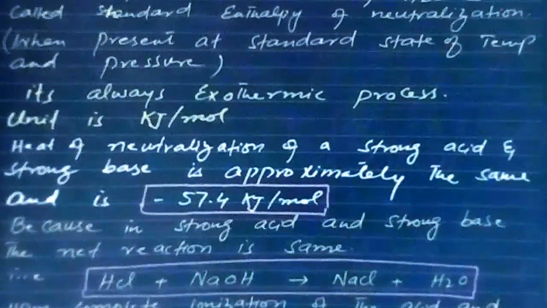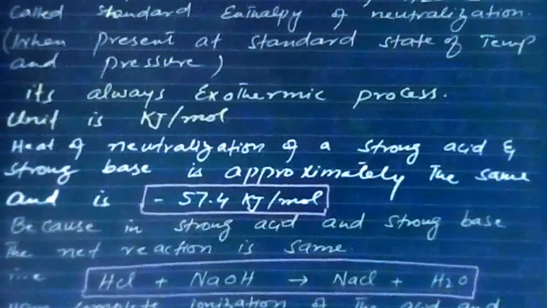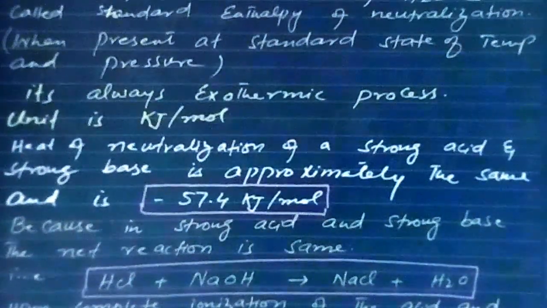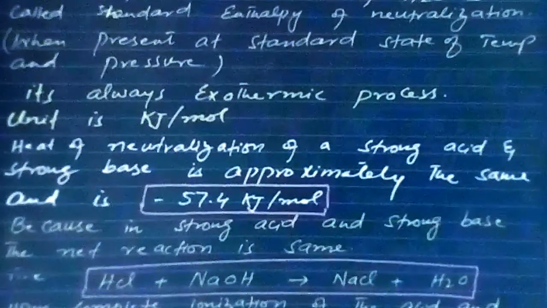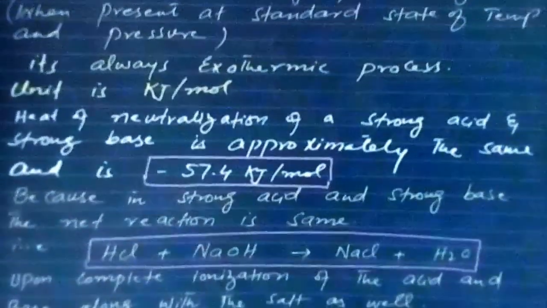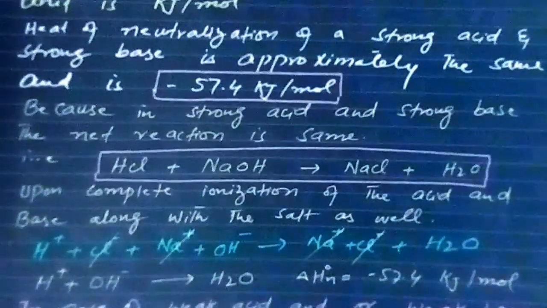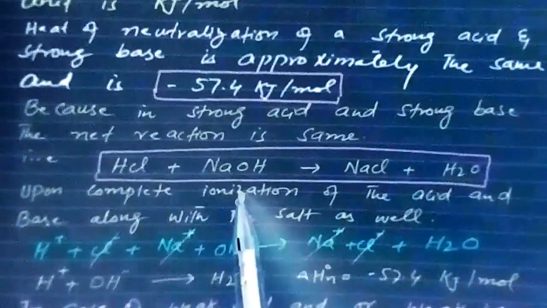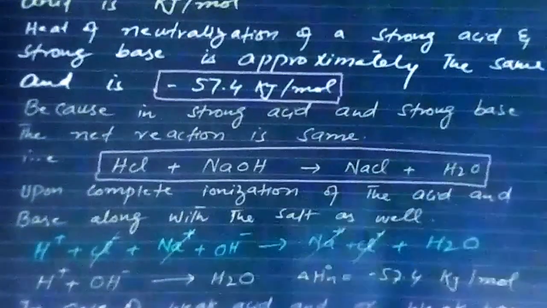Now the heat of neutralization of a strong acid and strong base is approximately the same, and its value is equal to minus 57.4 kilojoule per mole, because in a strong acid and a strong base the net reaction is the same. The net reaction is HCl reacting with NaOH to form NaCl and water, and the net reaction is nothing else but formation of water.